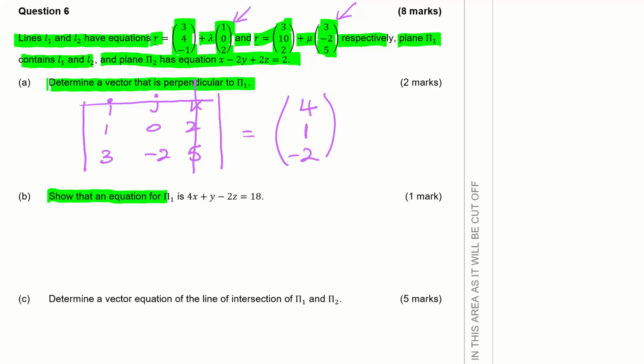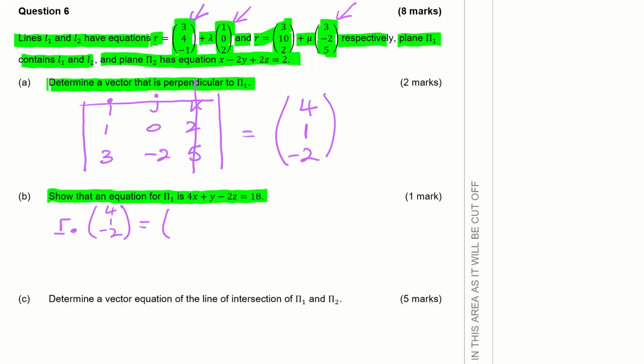Show that an equation for the plane is 4x plus y minus 2z is 18. Well, we know that r dot n equals a dot n. So we've got r dot (4, 1, -2), since we now know that's the normal, is equal to, just choose one of the points that's on the plane.